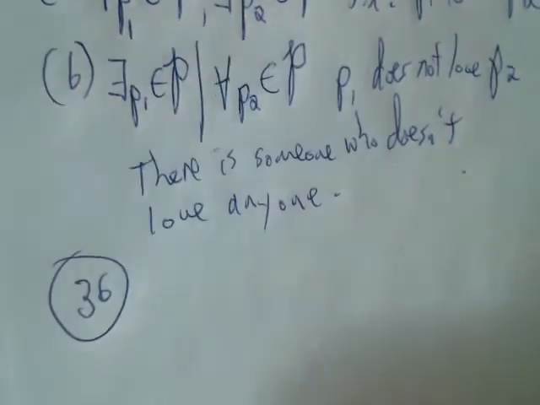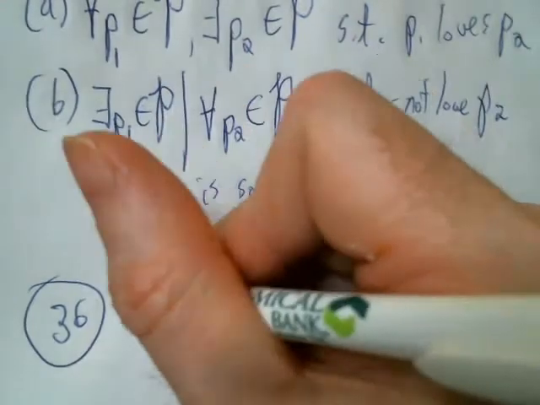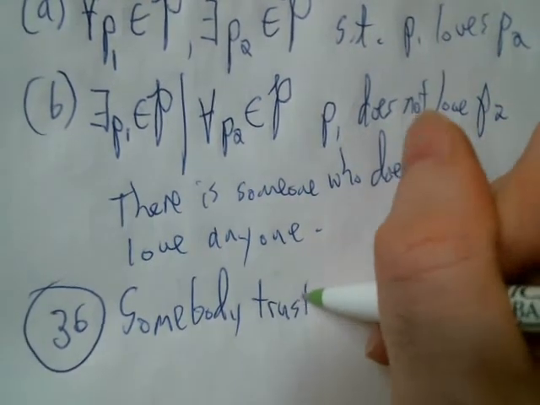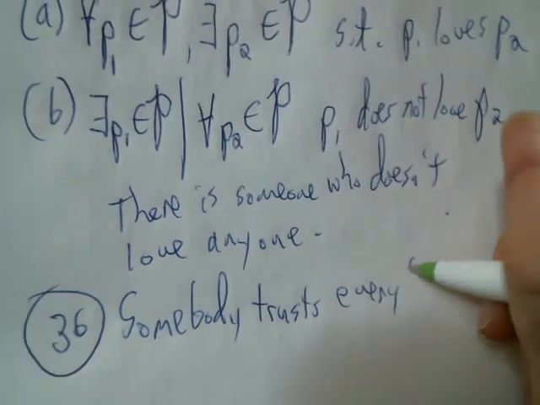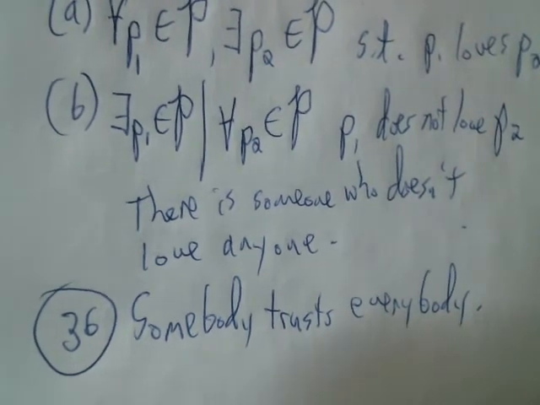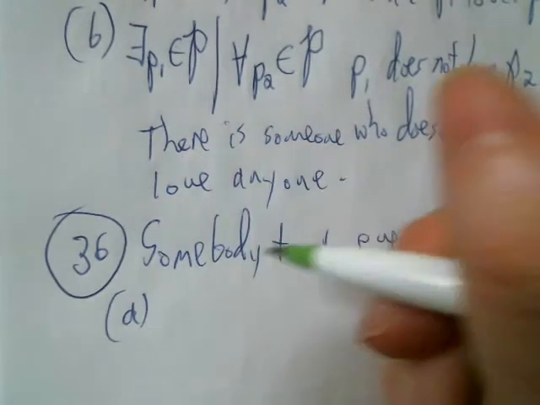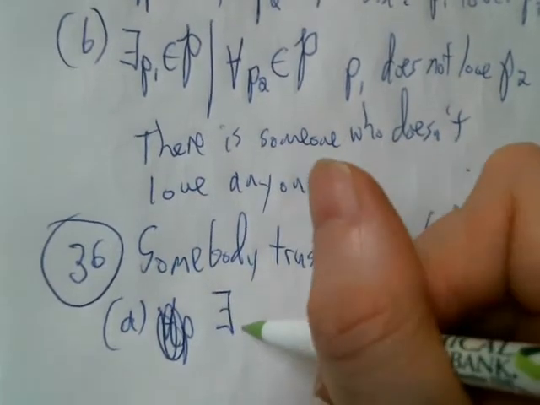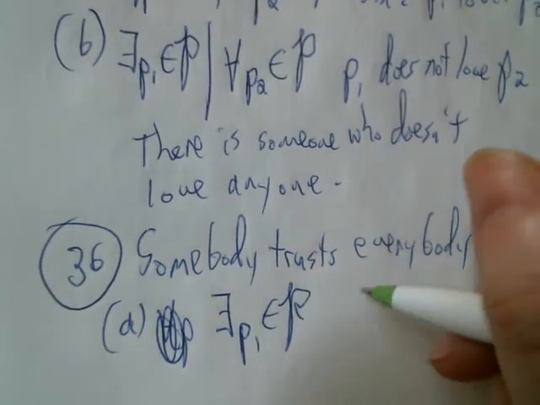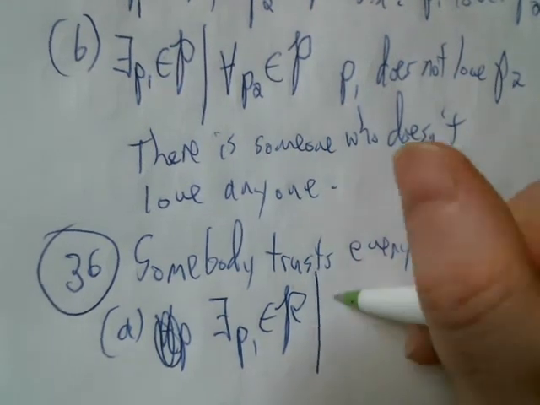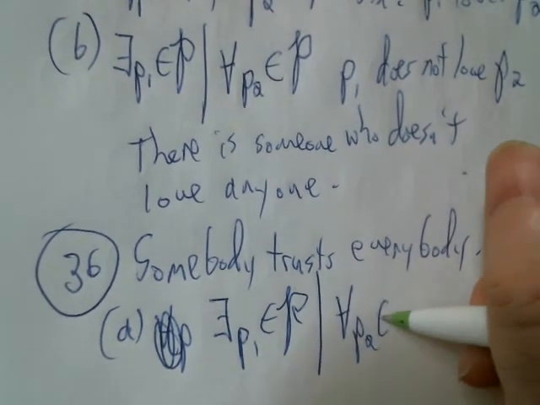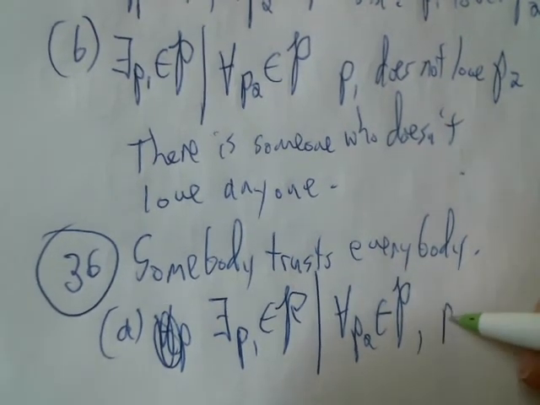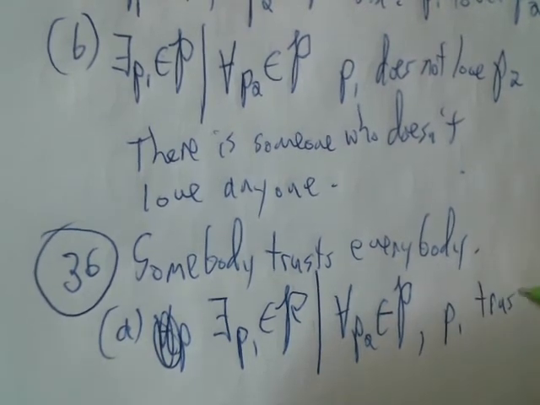Let's try another one. Number 36. Somebody trusts everybody. So again, it's the same kind of problem. Part A: there exists a person P1 in the set of all people such that for all persons P2 in the set of all people, P1 trusts P2.